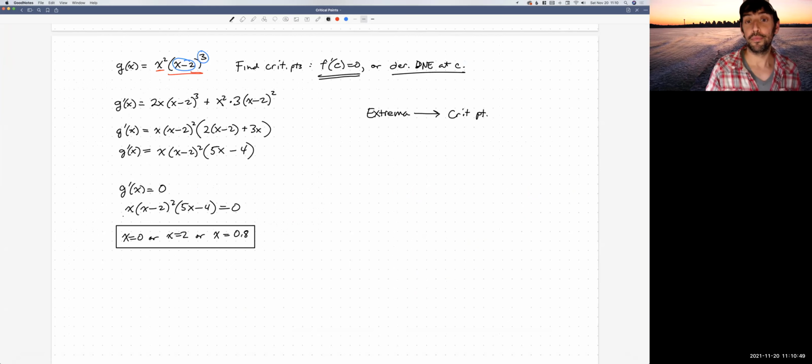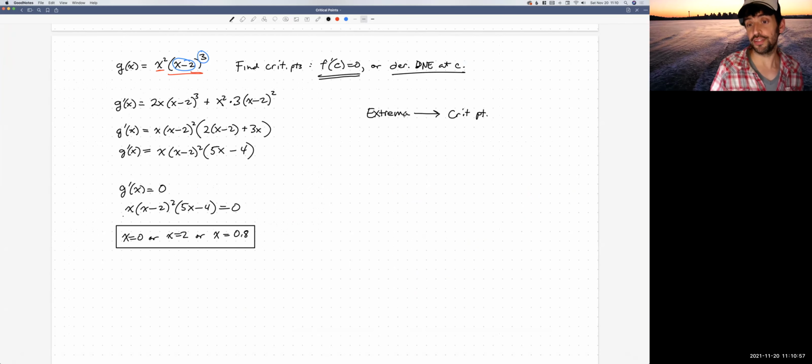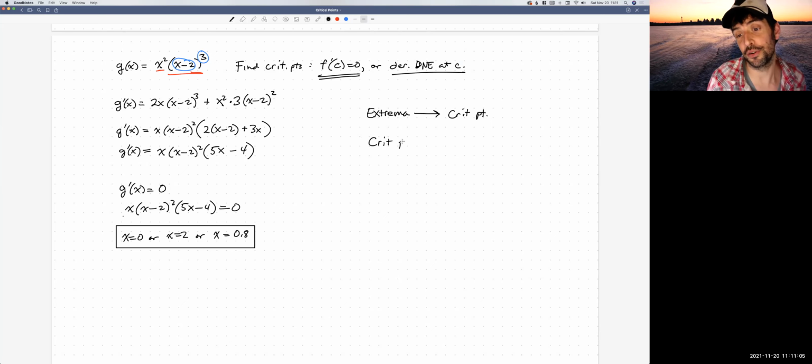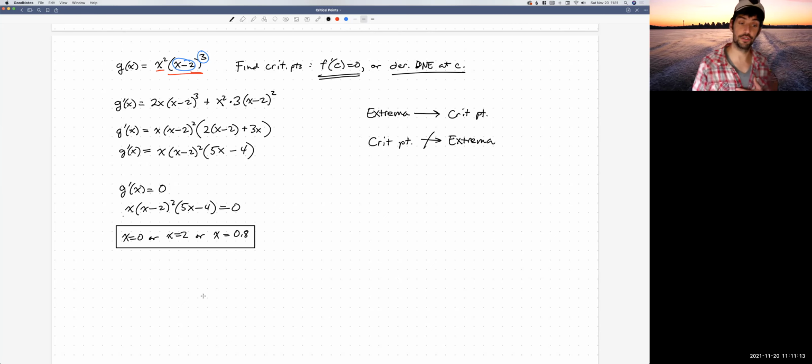So first, that tells us this was great. We used critical points to locate a couple of extrema. We also should notice that this arrow of indication, right? What I'm saying here, if you have extrema, you must have critical points, does not go the other way. You can have critical points without implying extrema, right? That's what we just saw. The critical point at x equals 2 does not indicate a max or a minimum.